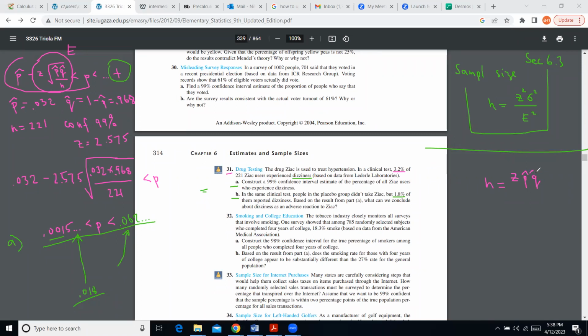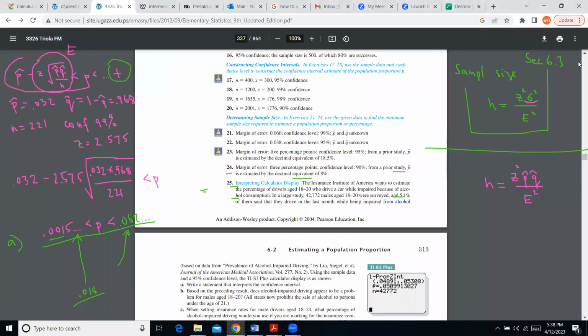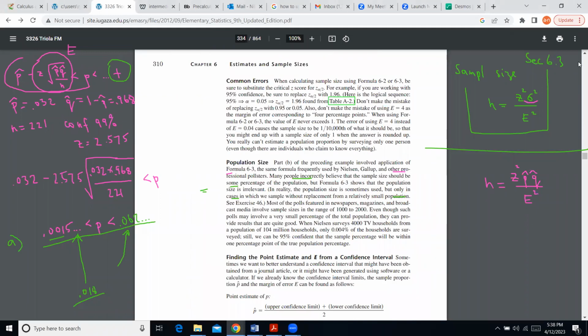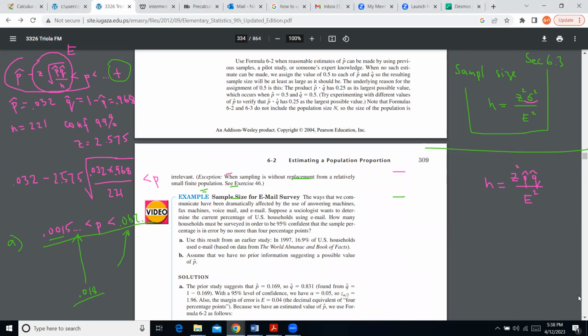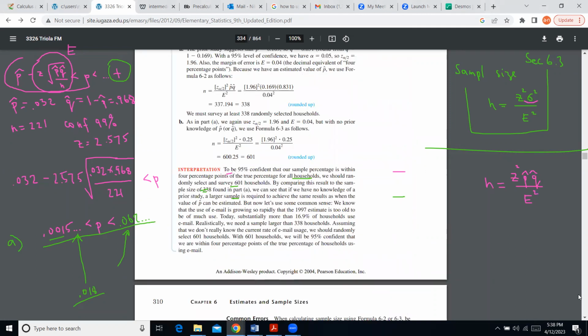Notice I use the hats because we don't have the actual population proportion, because we're trying to estimate it, right? And that's the point of this process. And the other point is that the formulas are kind of similar, because instead of the standard deviation squared here, I have the product of P and Q. And I guess that's what they provide us with in this little section as well. So you can see this formula that appears for the sample size among the exercises right here.